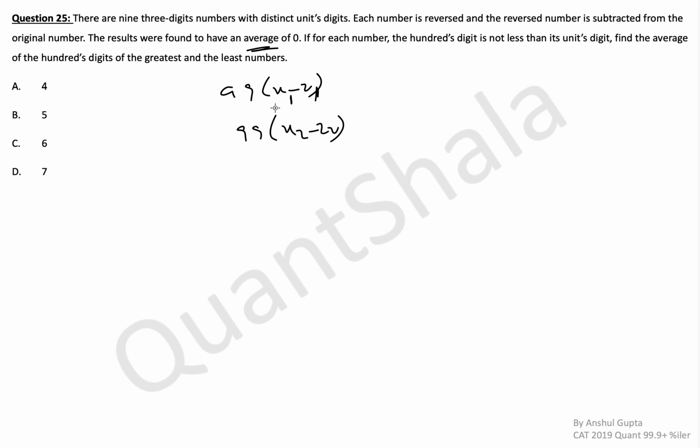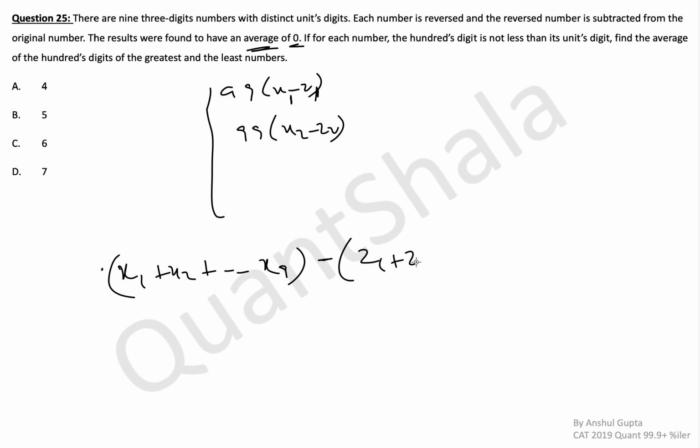Average is 0. That means the sum of all these results is 0. Taking 99 common, 99 would anyway go because the answer is 0. So what you get is x1 plus x2 till x9 minus z1 plus z2 till z9 comes out to be 0. Or you can say that these are equal.